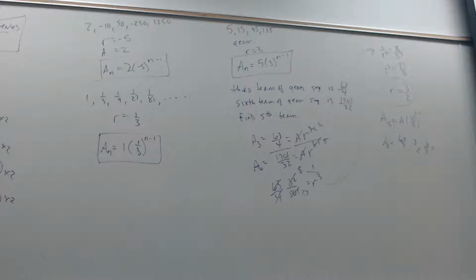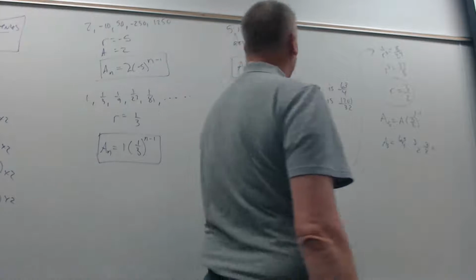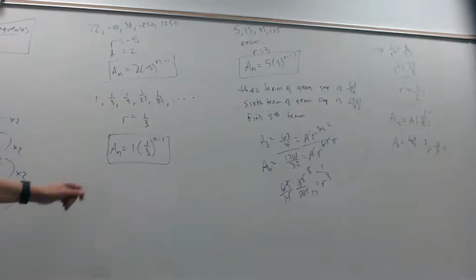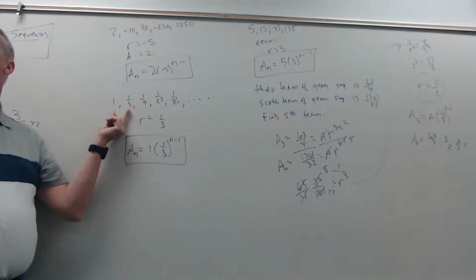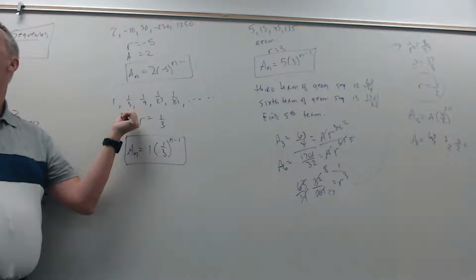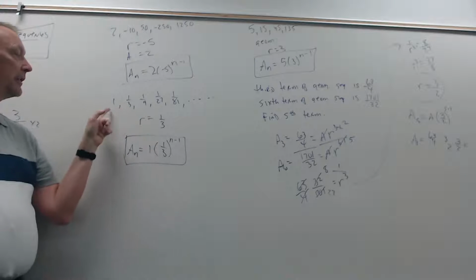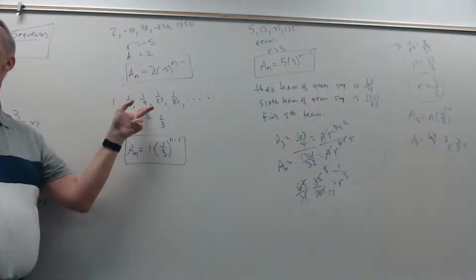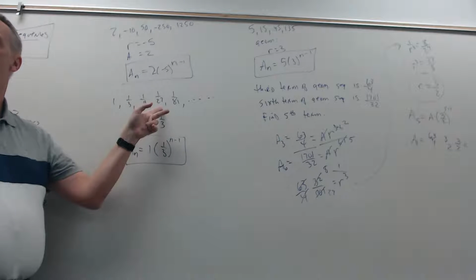Does that make sense? No? You understand here, let's go back to this one here. Well, you've got a common ratio, right? You can think of this as recursion, right? If I take the first term and multiply it by a third, I get the second term. Multiply by a third again, I get the third term. Multiply it by a third again.